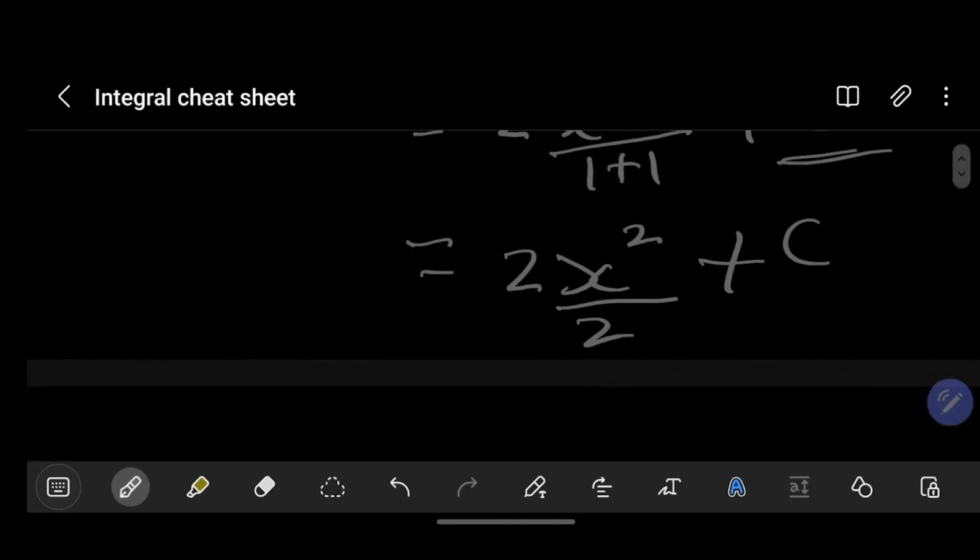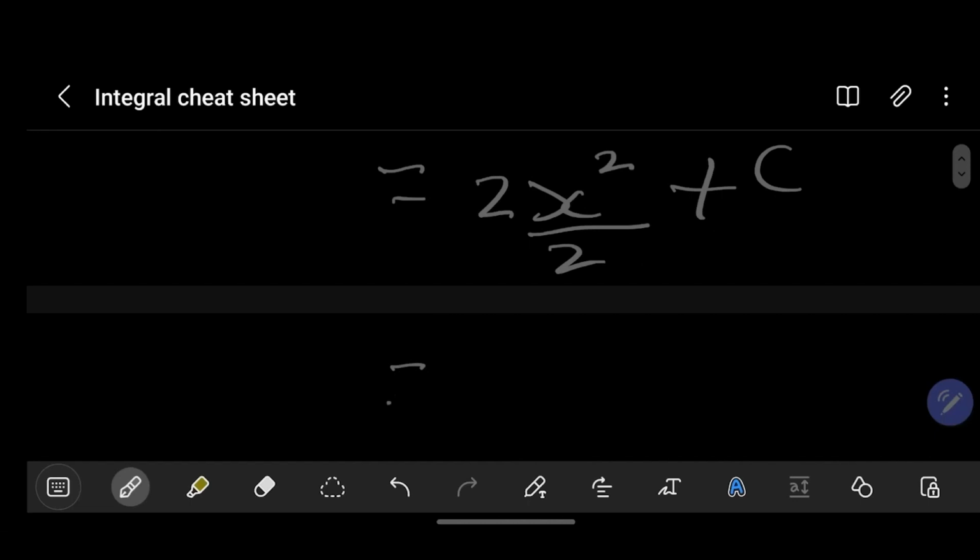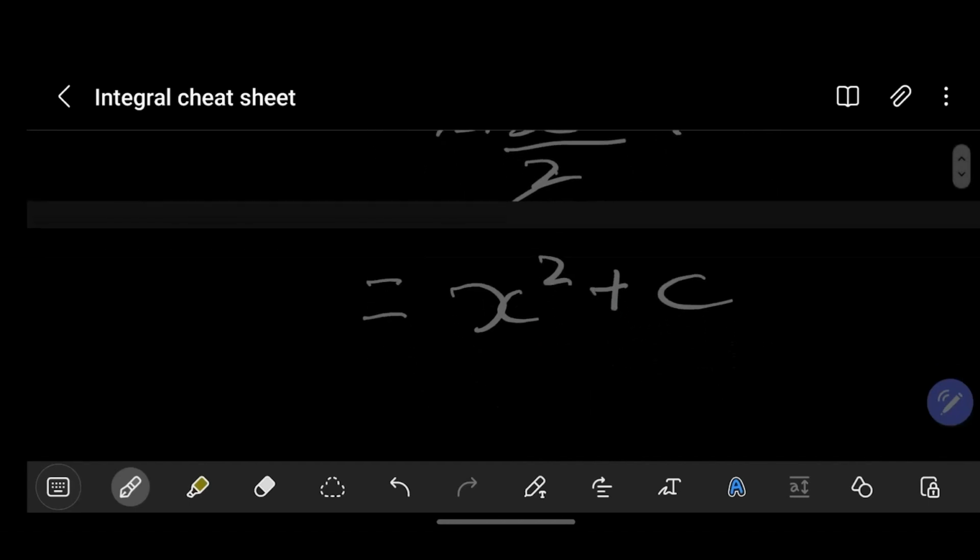Are we done? No. Let's simplify. So 2 and 2 can cancel out, and we'll have x squared plus c. Quite simple, right? If you go back to the previous examples, you would see that we have been using the multiplication rule.